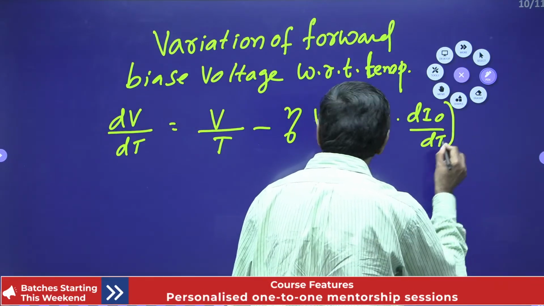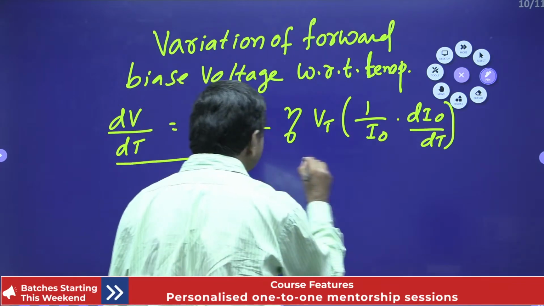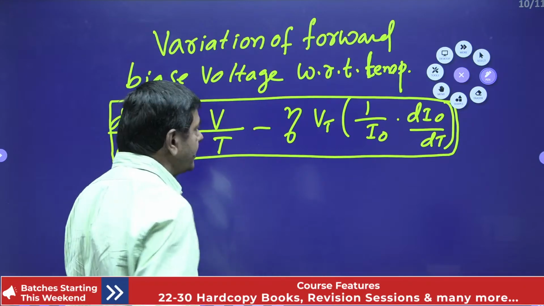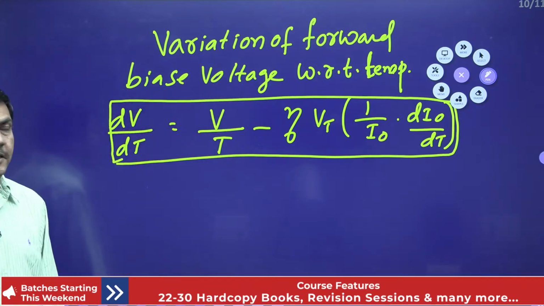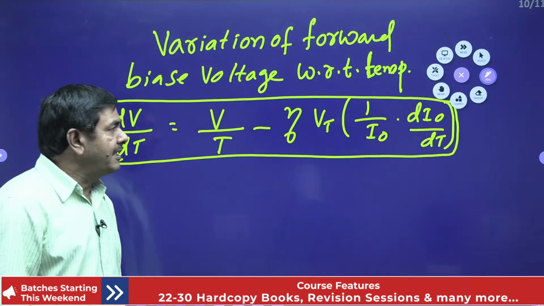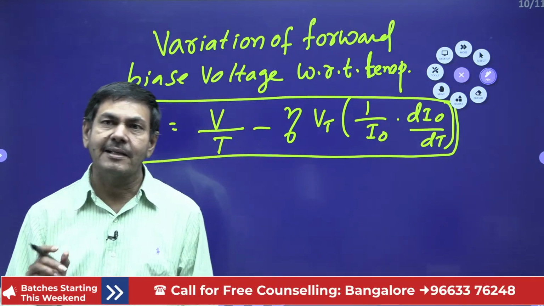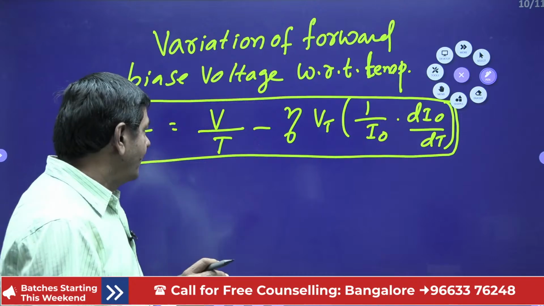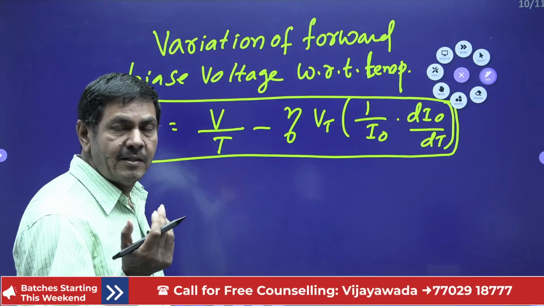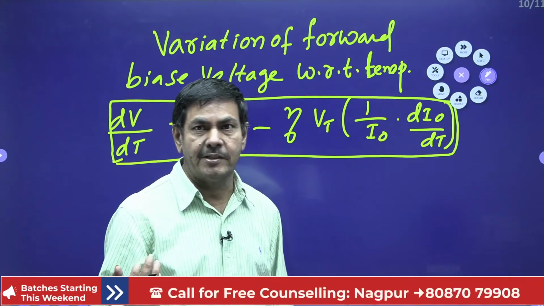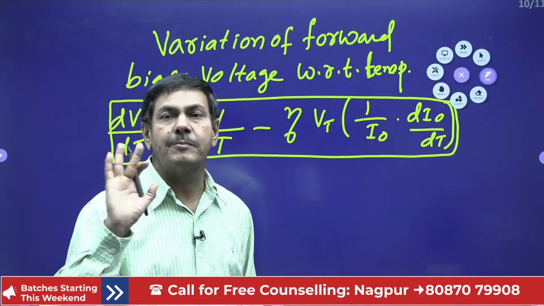By using this formula, the change of this barrier potential with respect to temperature is calculated. But generally, nobody will apply this formula in competitive exams. Directly one fixed value is given for every 1 degree centigrade, the amount by which the voltage decreases. That value you can use directly in the problems.